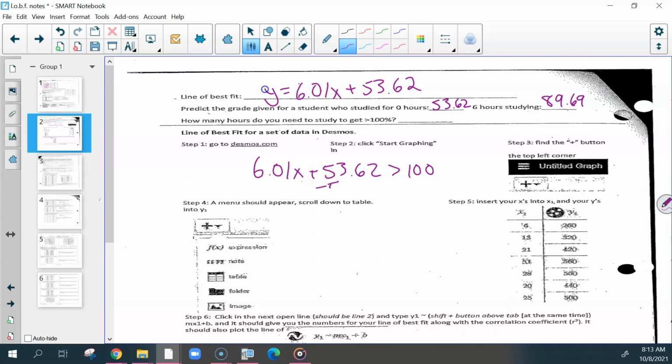Subtract 53.62 on both sides, and divide both sides by 6.01.